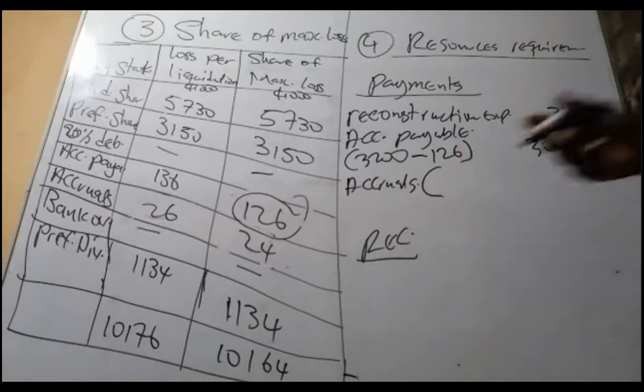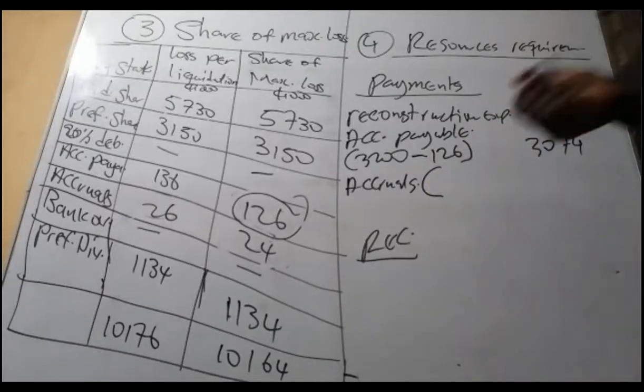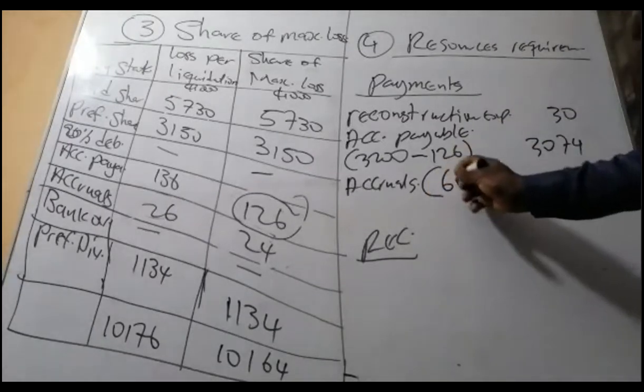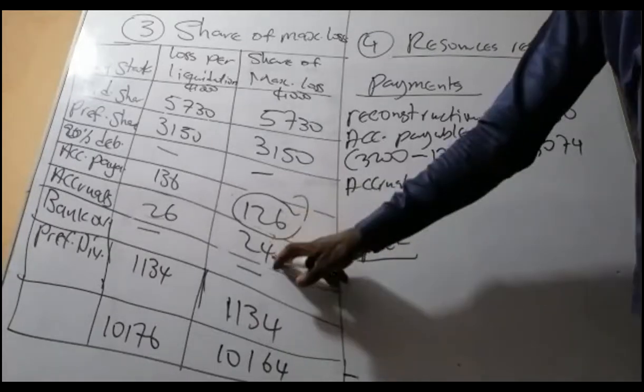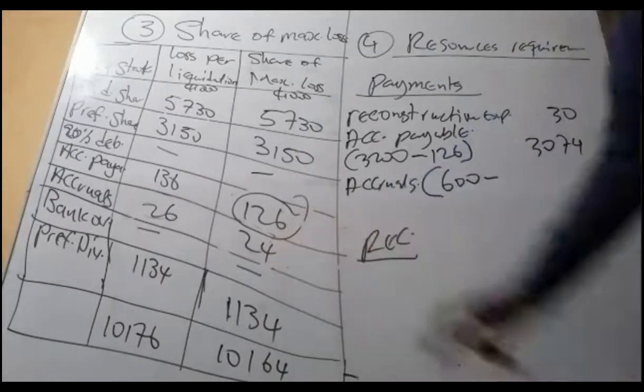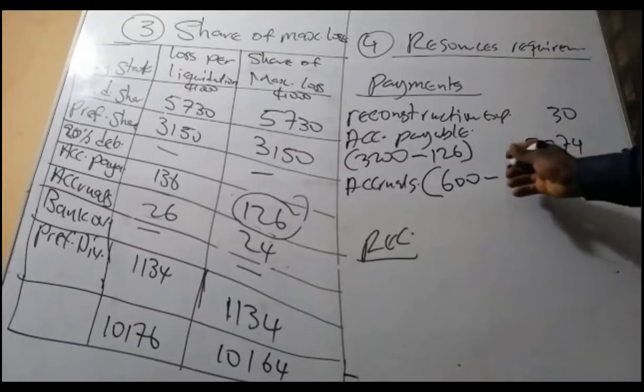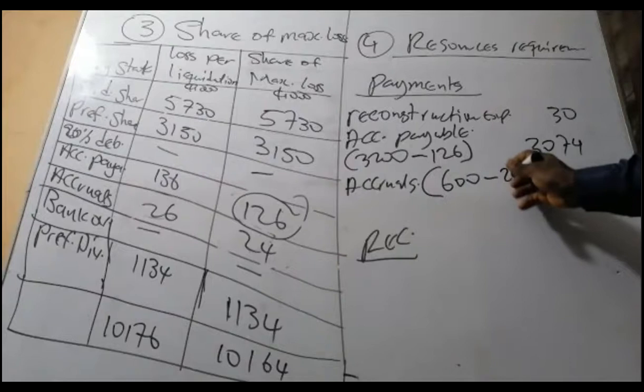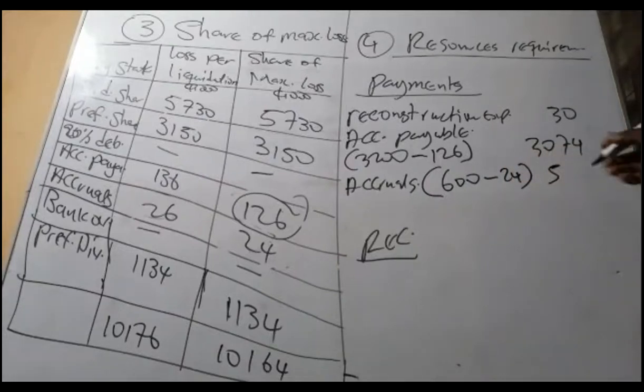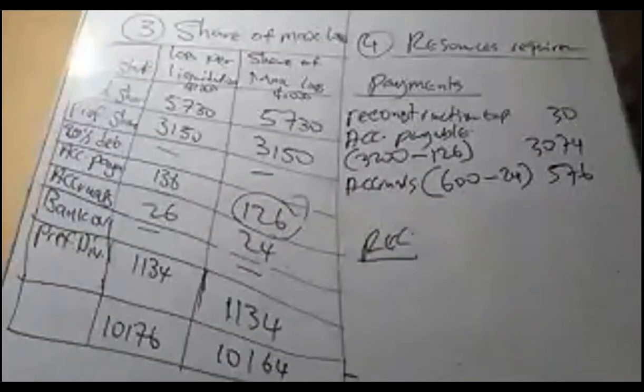It will be 600 minus how much they are losing. They are losing 24 here. So how much should you pay them? 576. So this is how much we are paying them. Then we continue the game.